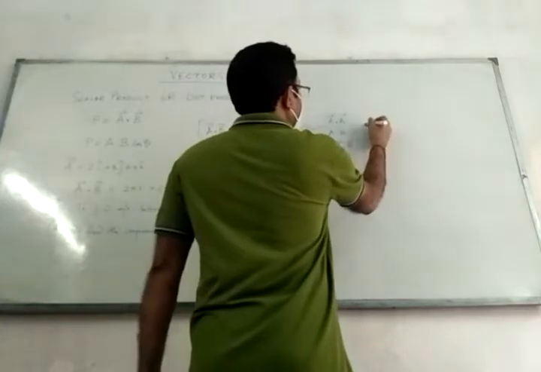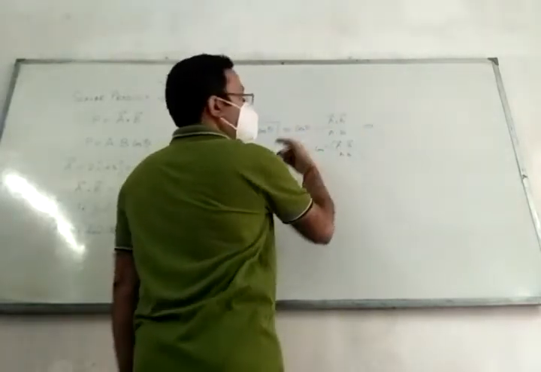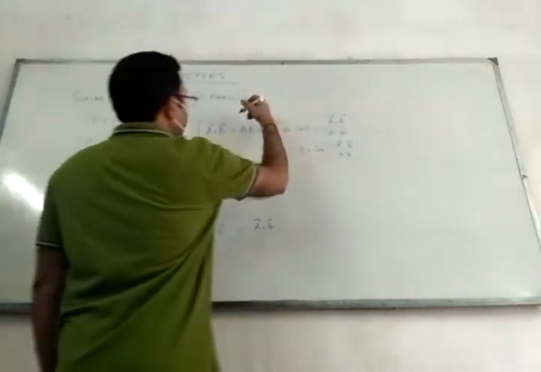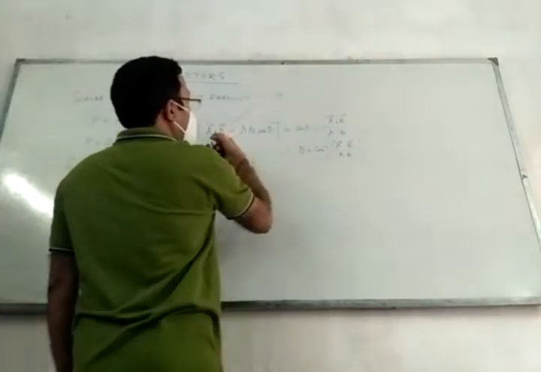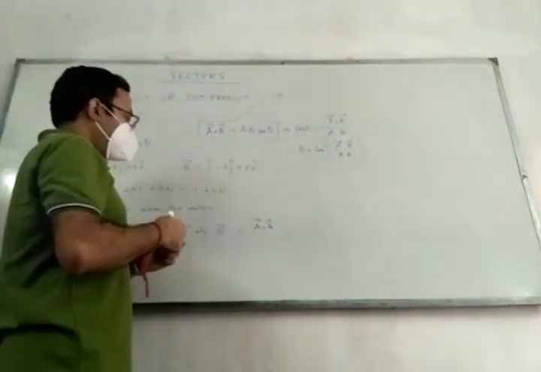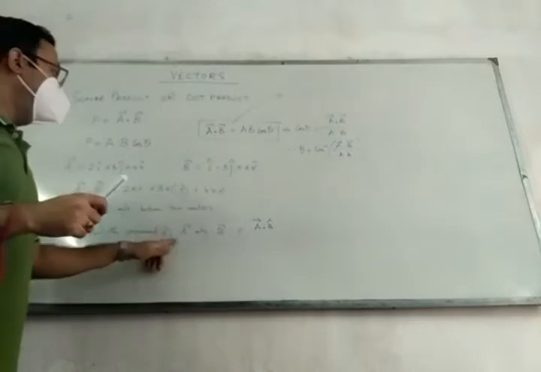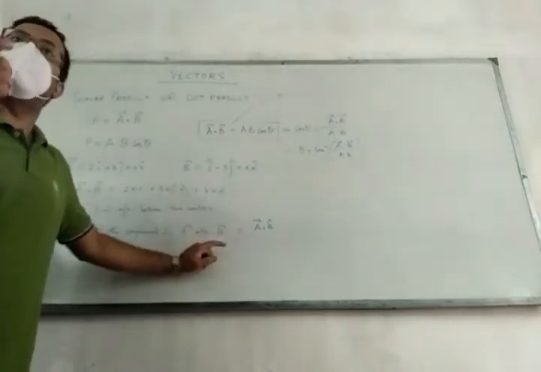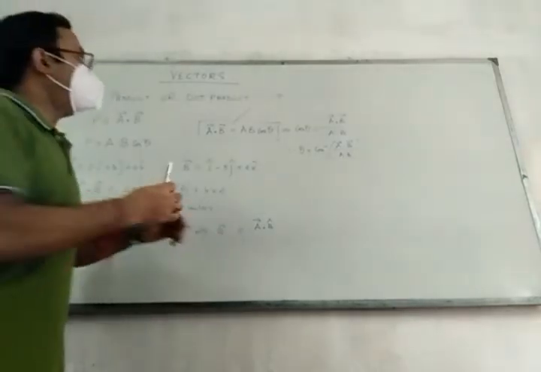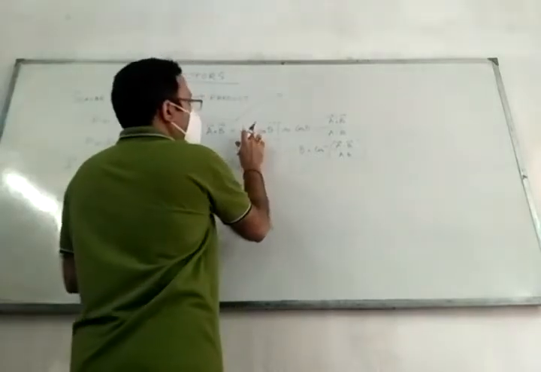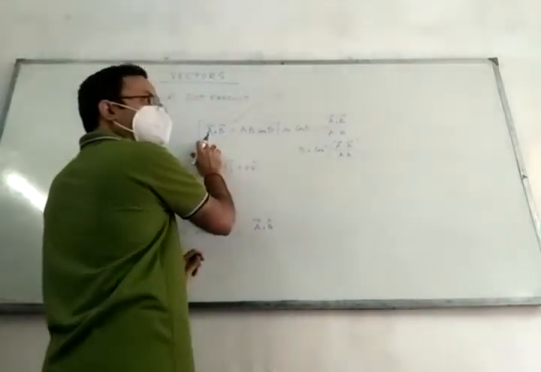Look at this. A dot B equals AB cos theta, right? Let's start from here. If I want to find the component of A along B, I need A cos theta. So I can bring the B to the left hand side.